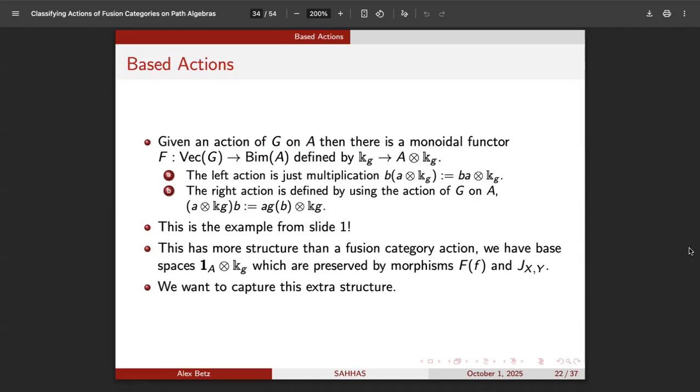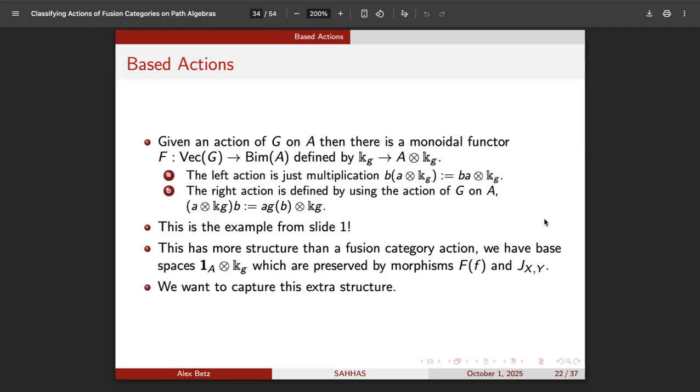The left multiplication is just defined by multiplication in A, and for the right multiplication, you use the fact that, sorry, this is supposed to be a subscript, this is k subscript G. Secretly, kG is a Hopf algebra, so you can comultiply. Or if you don't know what that is, think of action by b on the right: the only way it can pass is you would need to multiply by g onto b. And this is the example from slide one. This is building a bimodule indexed by your group elements such that they tensor product in a way that is compatible with the group structure.